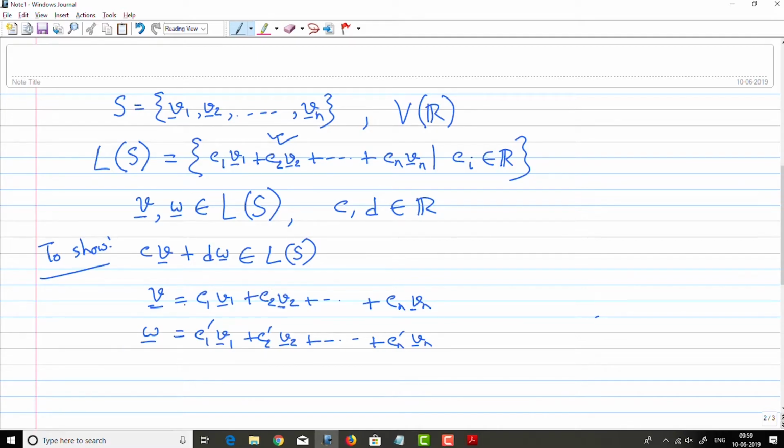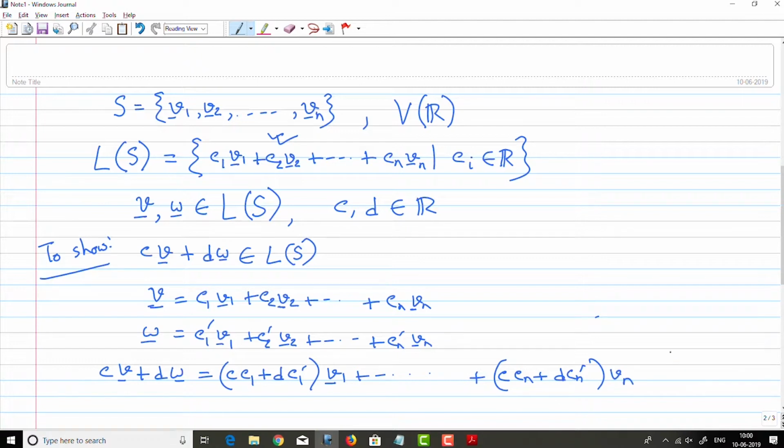You have to just show that c times v plus d times w equals (c c1 + d c1') v1 plus ... plus the last term (c cn + d cn') vn.